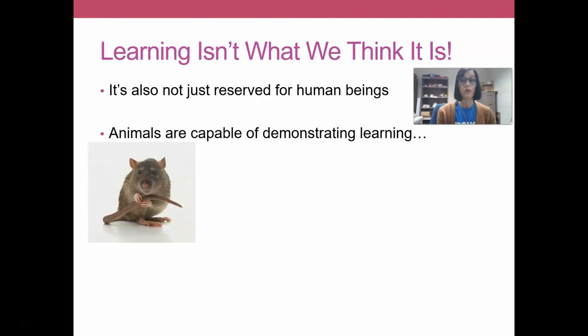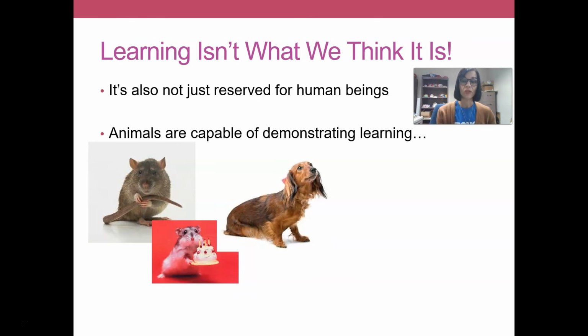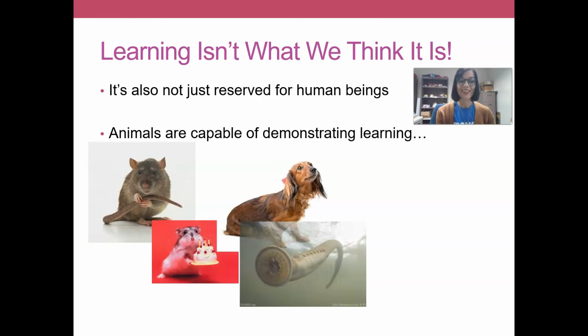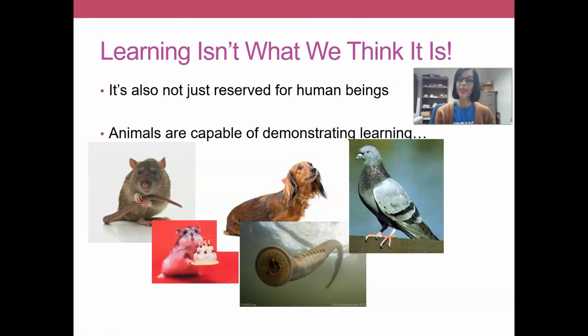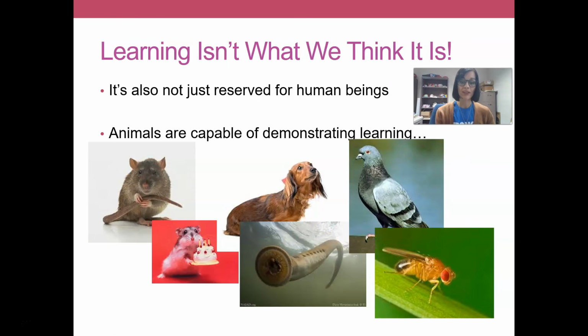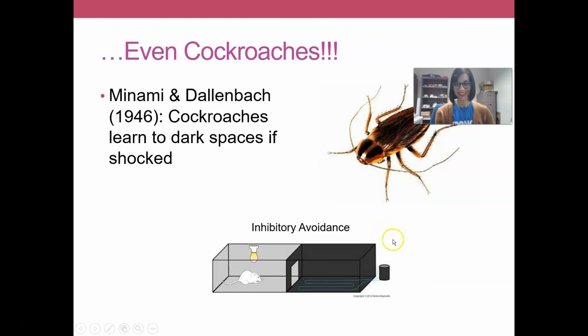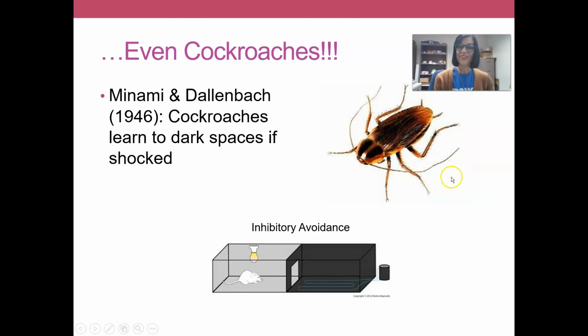That includes rats and mice, hamsters, dachshunds and dogs, this scary monster fish, which is referred to as a lamprey, pigeons and other types of birds, even fruit flies. And cockroaches. So, for example, even cockroaches, these ugly little things, are capable of demonstrating learning.